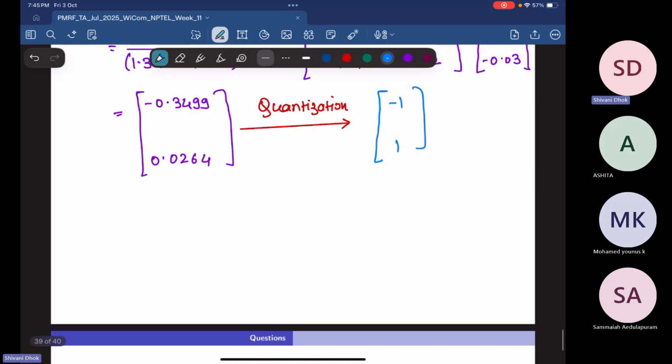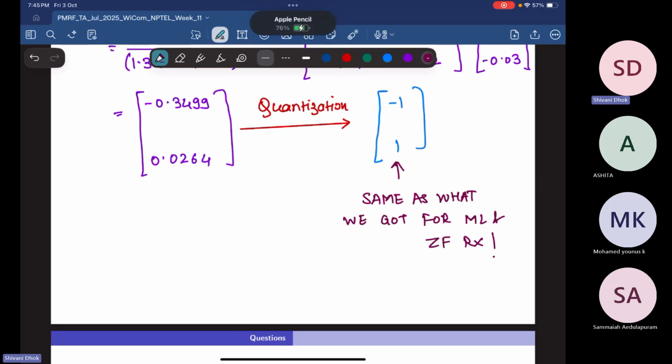So this is essentially the same thing as what we got for the ML and zero forcing receivers. So this is how your MMSE receiver works.